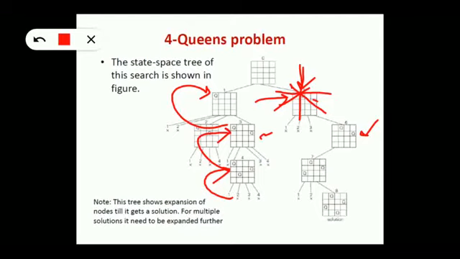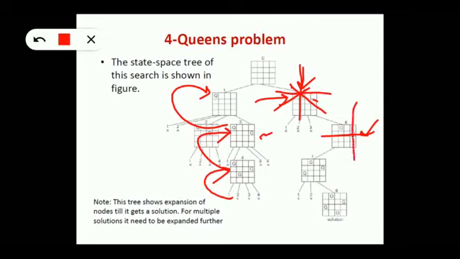So when I place queen 2 at the location second row, fourth column, it means that queen 3 cannot be placed on the second row, nor can she be placed on the fourth column.